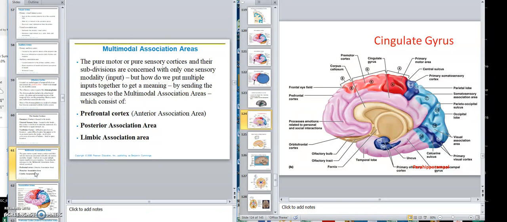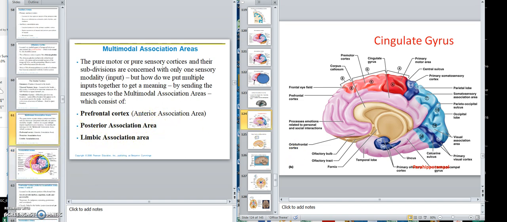So the brain needed an area which could coordinate all the senses and make a full and complete meaning out of what it was in sensation. The pure sensory areas are concerned with only one sensory input. But how do we put all of it together? That's what we call the multimodal areas, which will be in the prefrontal cortex, anterior association area, posterior association area, and limbic system, pain and pleasure.